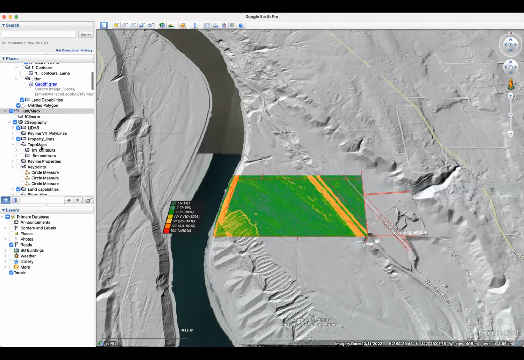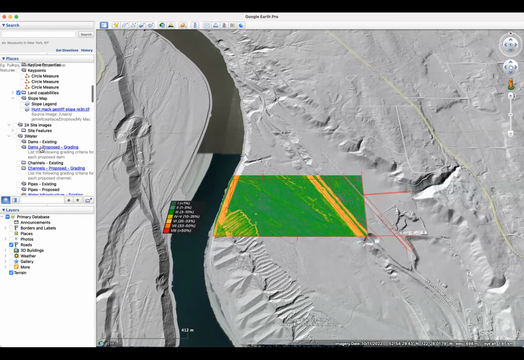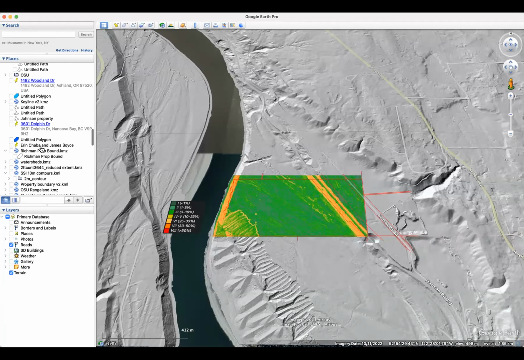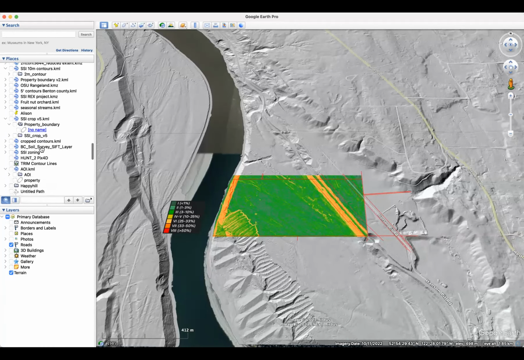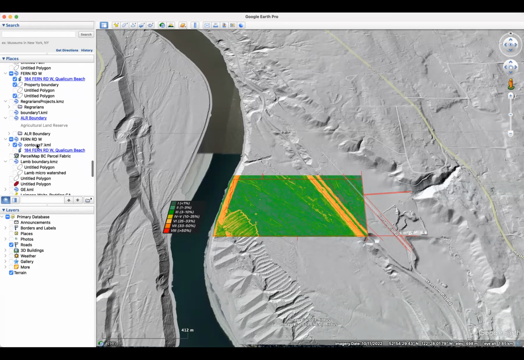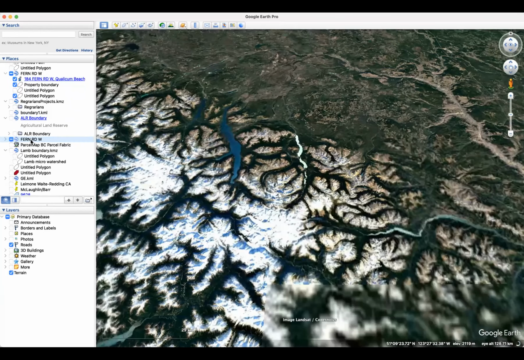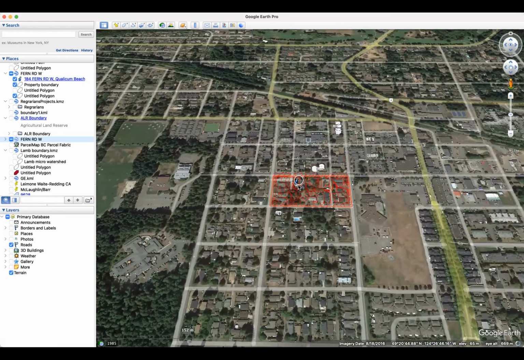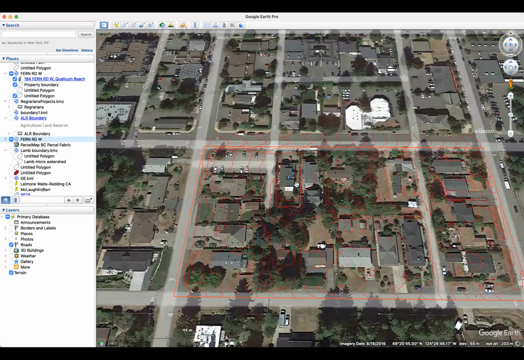I don't think I have... Let me just see. Here's a little urban project that we are involved with. We're just starting, actually.